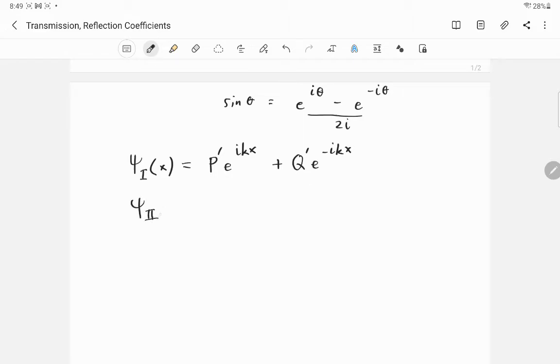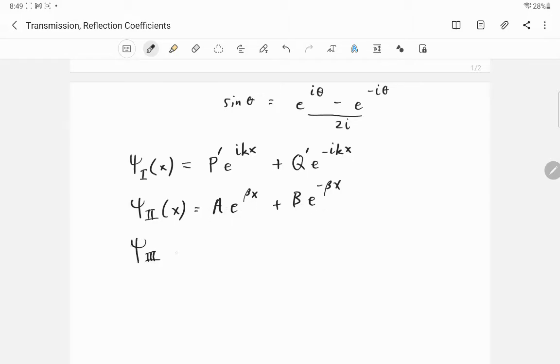Psi 2, I'm going to leave alone. It looks good the way it is. So this is a e to the beta x plus b e to the minus beta x. So it's still an exponential growth and decay mixture.